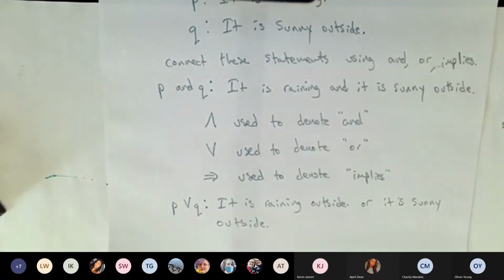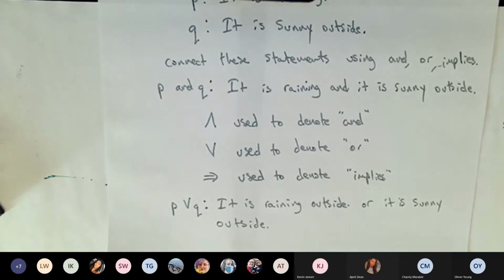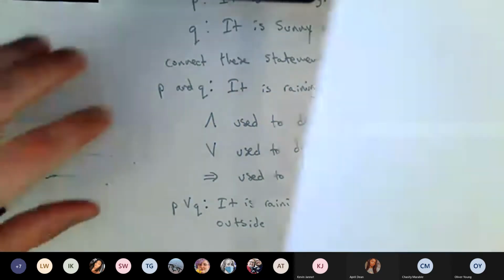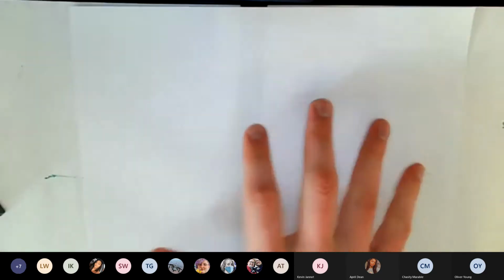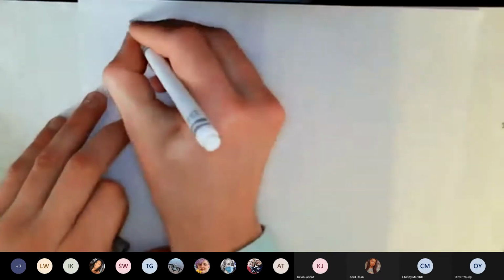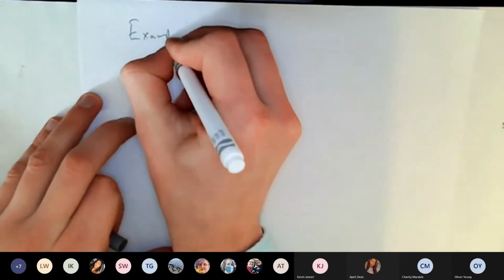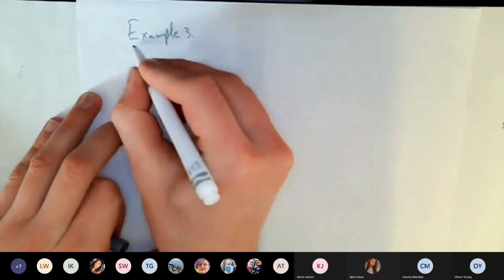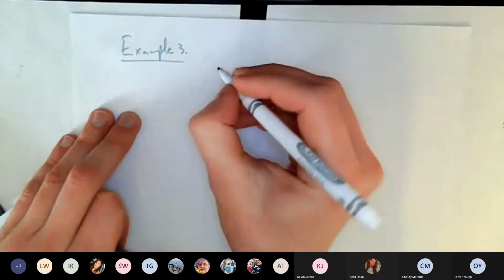Hang on one second, I need more paper. I'll give you an idea of what's going on here so you can see why I'm skipping them. Example 3 says, I guess I'm writing it anyways, that's all right. We have time, we're going to get done early today anyways.